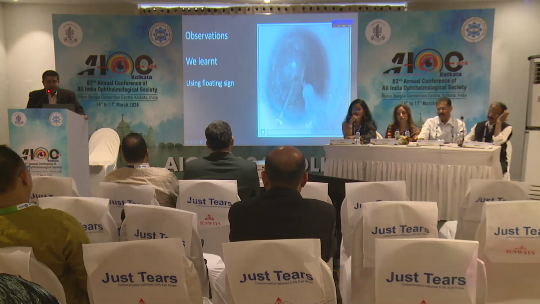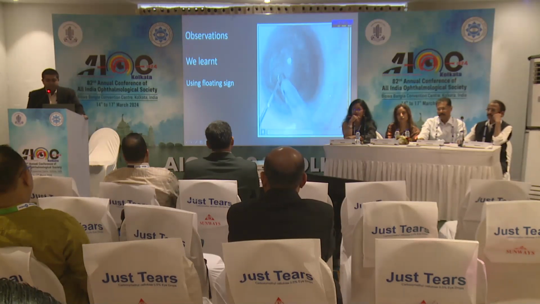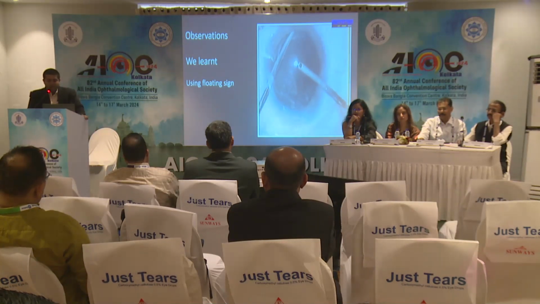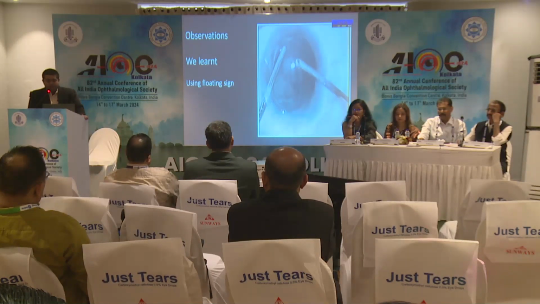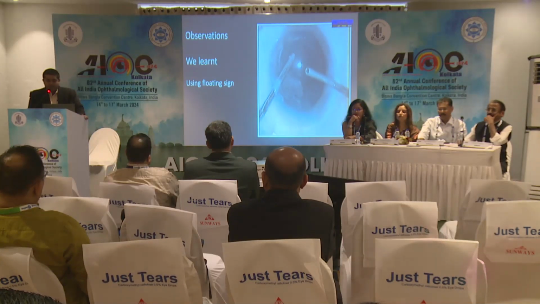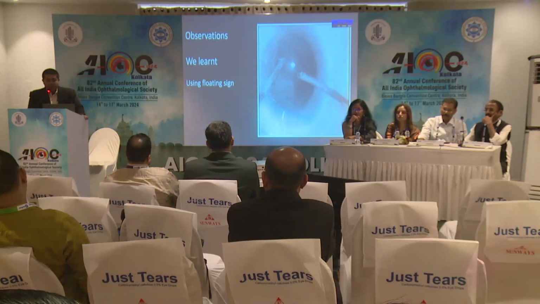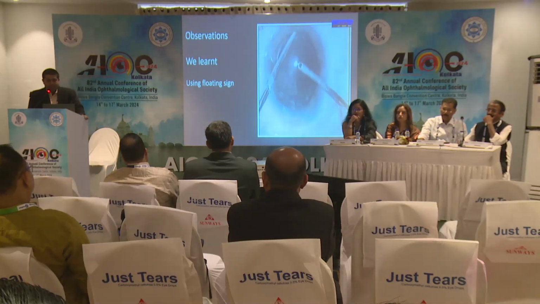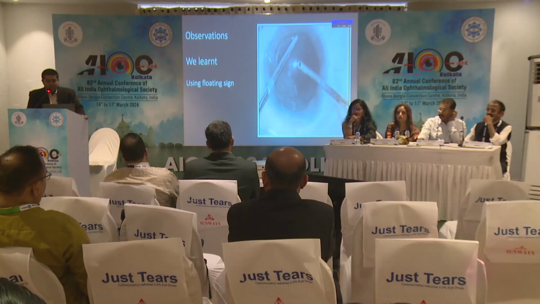After managing the nucleus, take your irrigating port just at the plane between the anterior capsule and the cortex, and with this passive hydration the fluid gush goes at the level of the plaque. Because there is much space anteriorly, the capsular bag is already empty, the force generated at that level pushes the plaque upwards rather than pushing the weak posterior capsule toward dehiscence, and this we have named the floating sign.